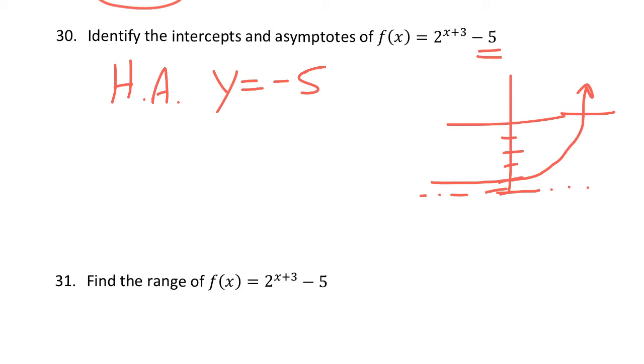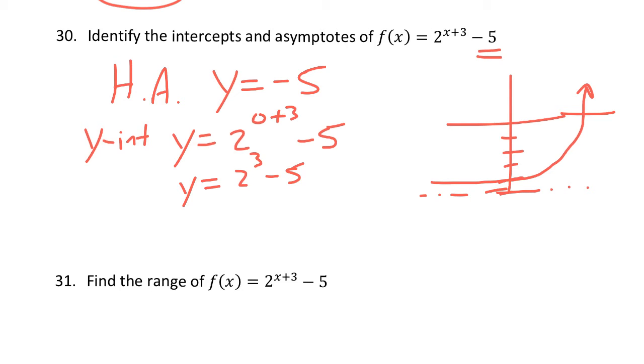Let's find the y-intercept by letting x be 0. Which results in 2 to the 3rd minus 5, which results in 8 minus 5, which results in 3. So the y-intercept is at 0, 3.